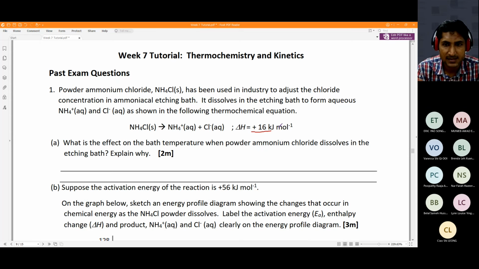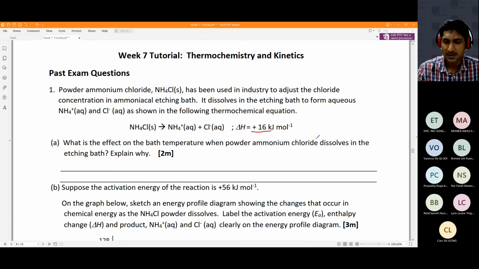So this is a metal processing thing. It is an etching bath. Metal needs to be etched sometimes on the surface for cleaning purposes and for other things, in the fabrication process. So this 16 now shows that ammonium chloride is taking heat from the environment, from the surroundings.